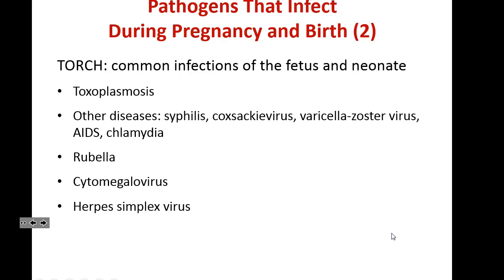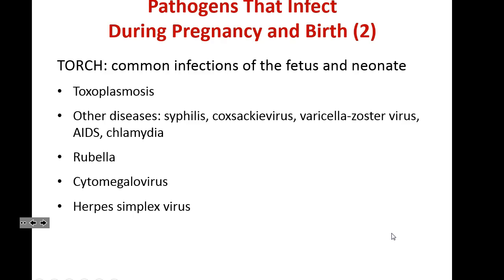TORCH, T-O-R-C-H, common infections of the fetus and neonate. Toxoplasmosis, other diseases such as syphilis, Coxsackie virus, varicella zoster virus, AIDS, chlamydia, rubella, cytomegalovirus, and herpes simplex virus.